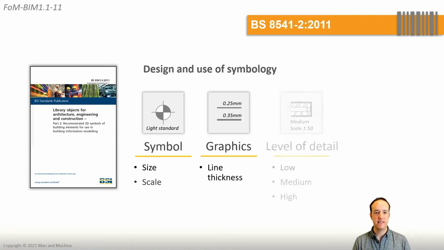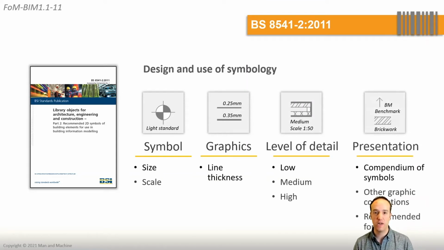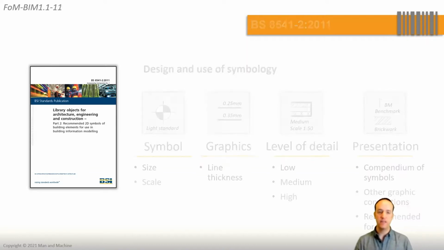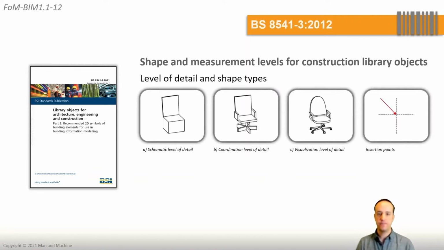Whether this is an attenuator for a ducting system, an electrical distribution board or a plug socket or something like that, you might need to put symbology on there so that inside of Revit, for example, as well as a 3D object, you have the correct symbology to show that particular component on a floor plan correctly from a standards perspective. So if you do one of those products, you also need to understand that standard.